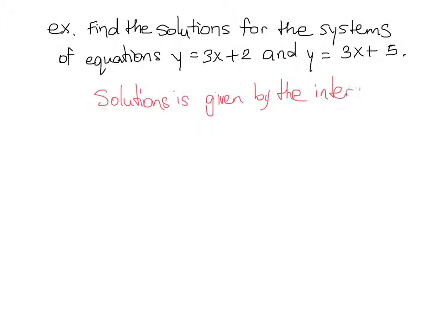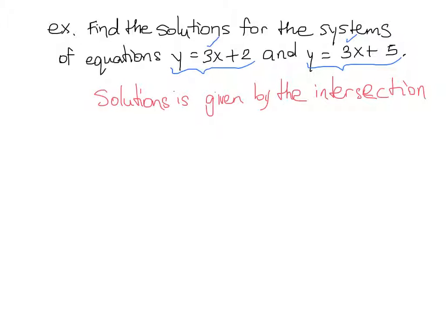Before we jump into drawing this line, I want you to really take a look at our equations. What do you notice that's similar about both equations? If you said you notice that there is a 3 here and a 3 here, then good job.